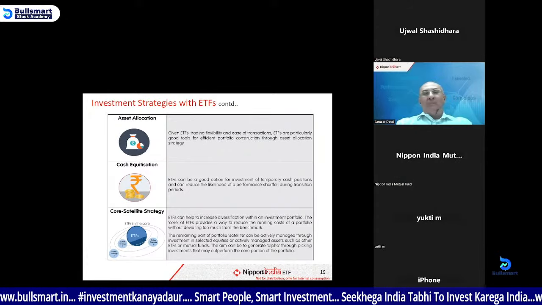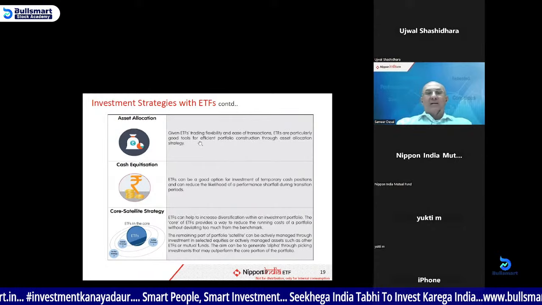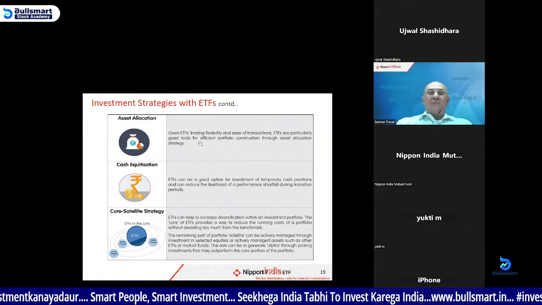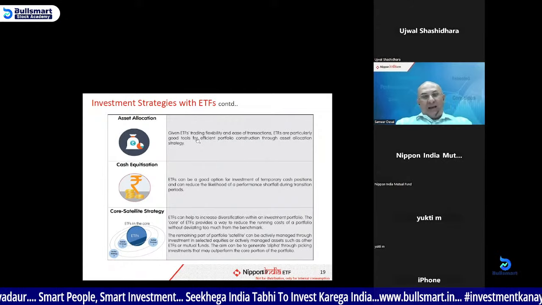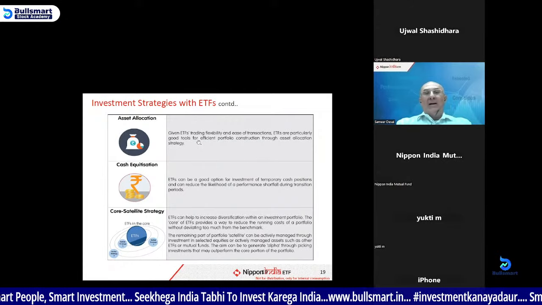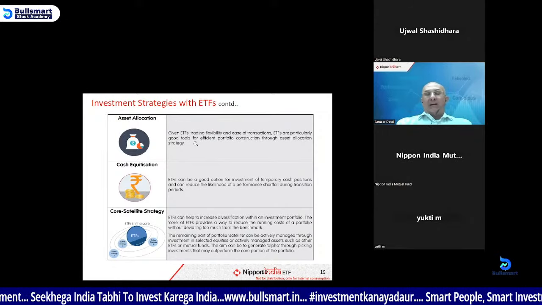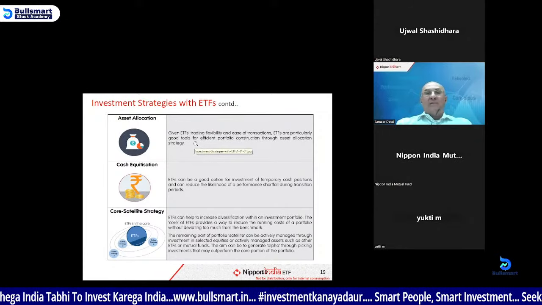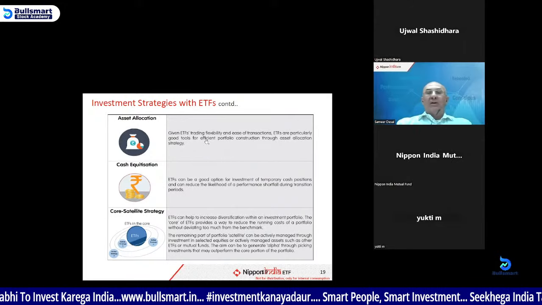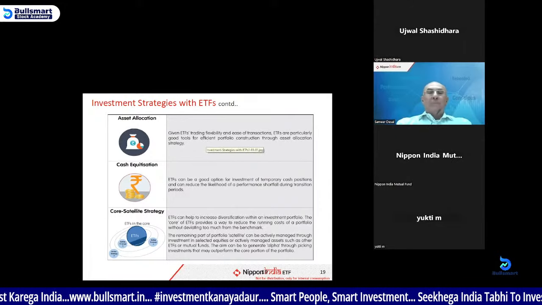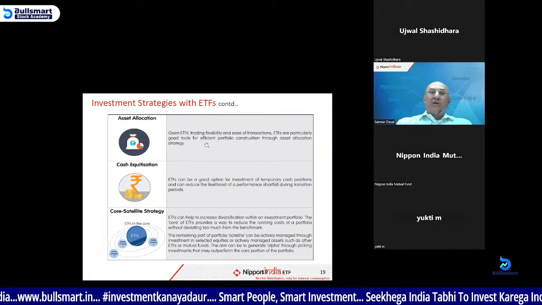Likewise, the Midcap 150 index represents the mid-cap segment of the market. And likewise, a fixed income index represents a particular segment of the fixed income market. A bank ETF, where the underlying portfolio is the Nifty Bank Index, represents the banking segment of the market.